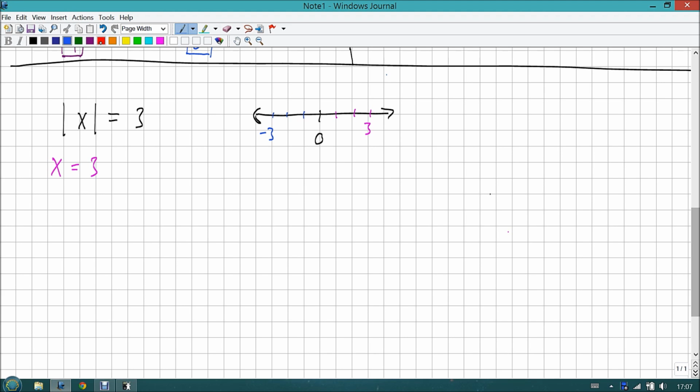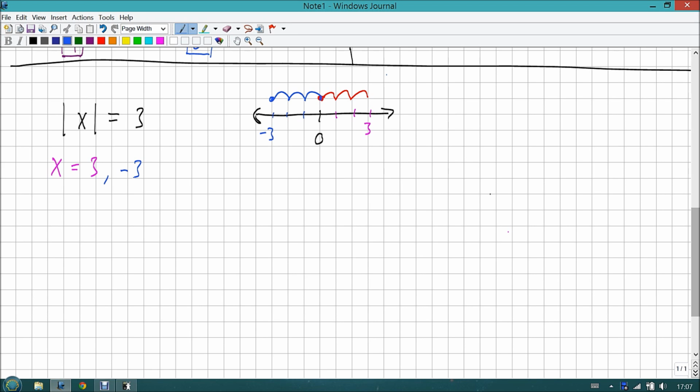So if I was to go on a journey starting from 0 and I wanted to go 3 places, I could go to the right 3 places and end up at +3, just like we have in pink here, even though it's more like a purple on your screen. But I could also go to the left 3 spaces. And when I go to the left 3 spaces, I'm at -3.